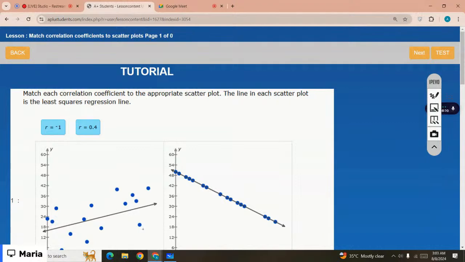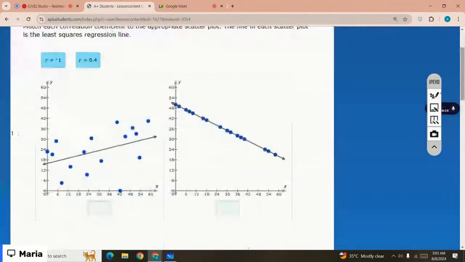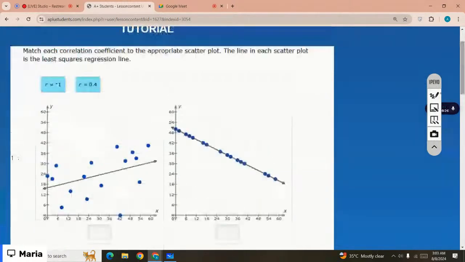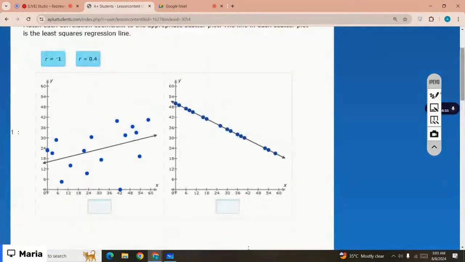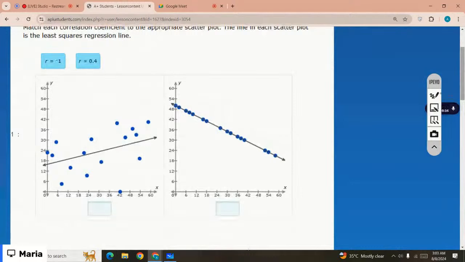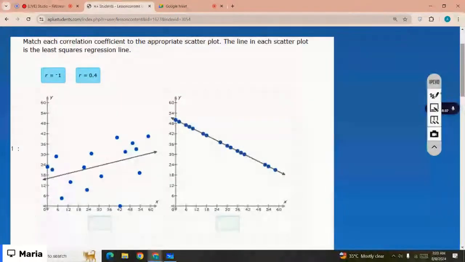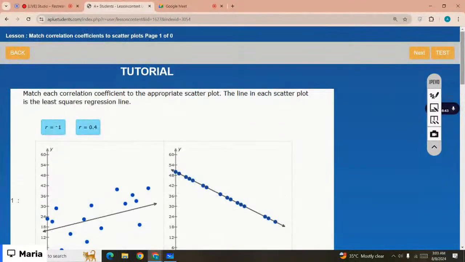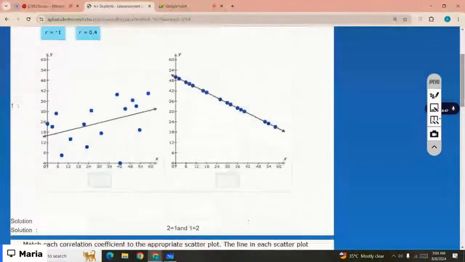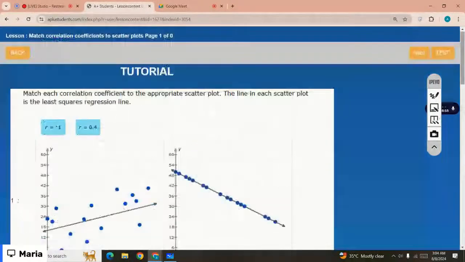R equals -1 or R equals -0.4. Because there is no proper solution available, let's just do this lesson.